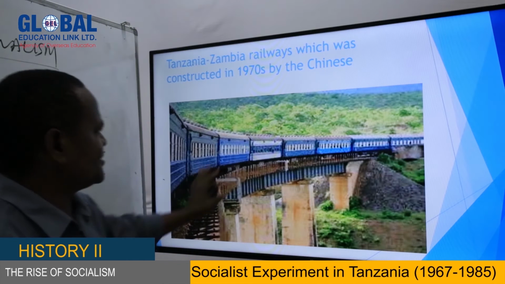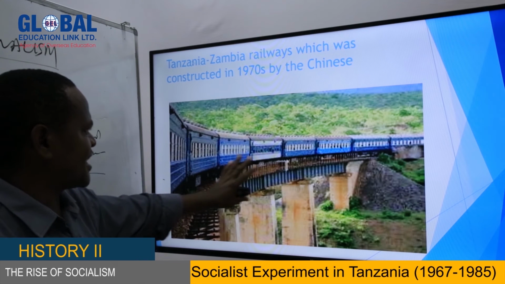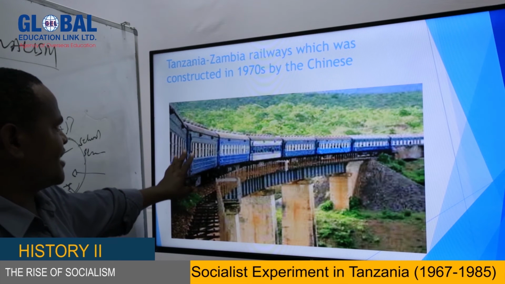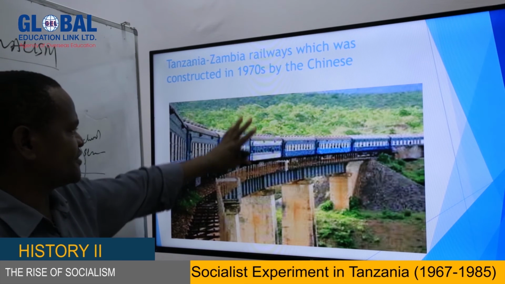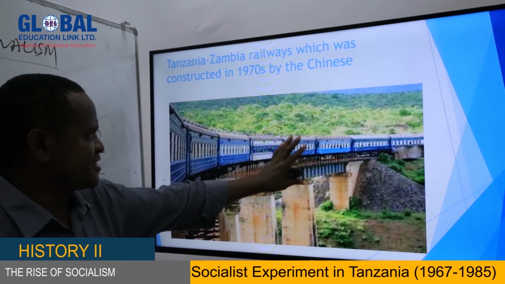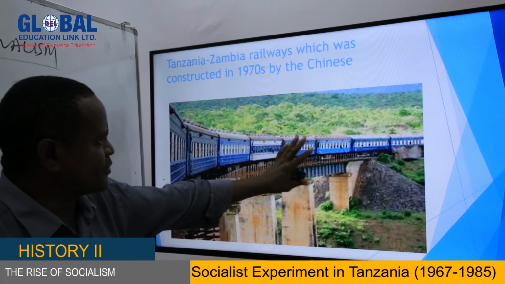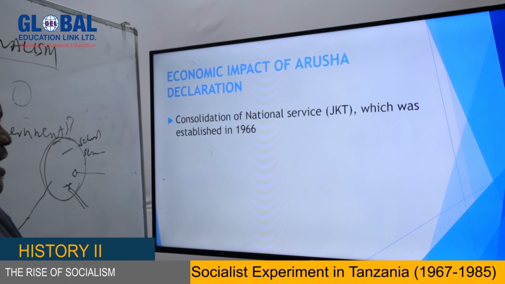As you can see, this is the Tanzania-Zambia Railway, TAZARA, and it runs from Dar es Salaam to Kapiri-Mposhi in Zambia. It was built by the Chinese in the 1970s to facilitate the transportation of cargo from Dar es Salaam to Zambia, but it also helped a lot of people who live in the southern part of Tanzania.